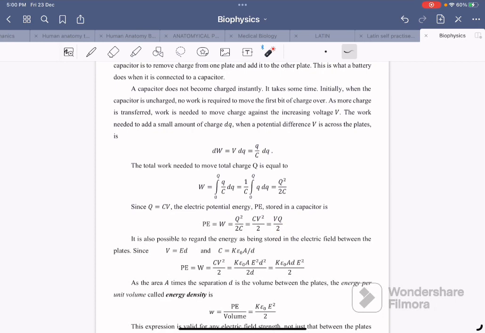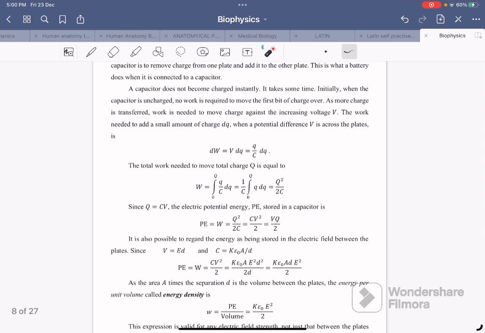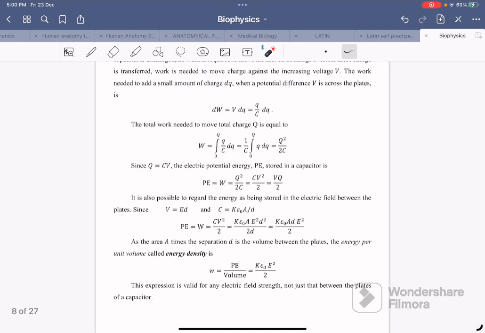After that, it is also possible to regard the energy as being stored in the electric field between the plates.